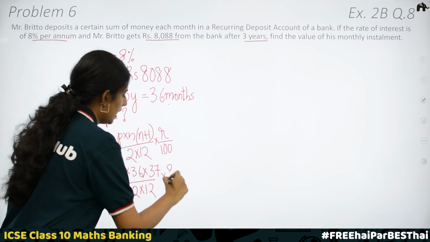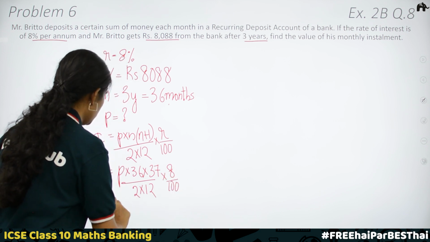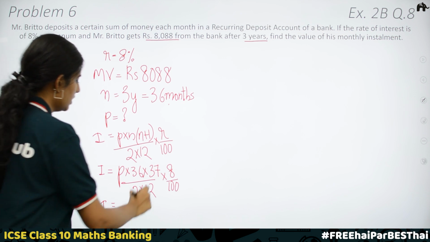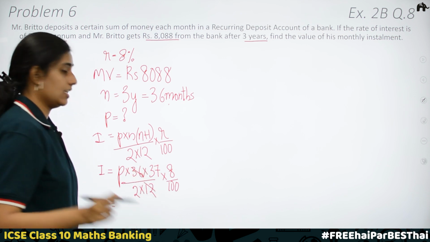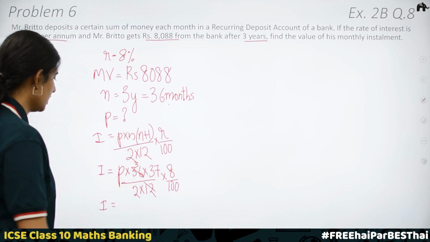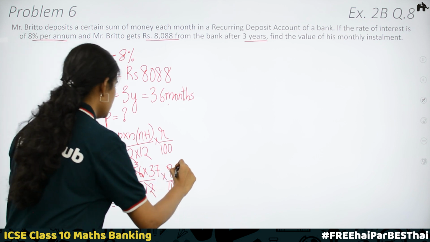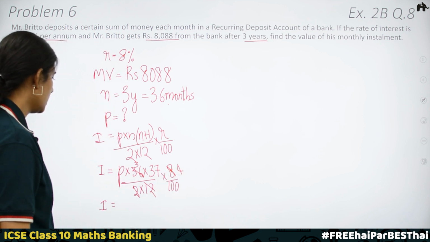R is 8 divided by 100. I is equal to 12 36. 12 3s are 36. You can cancel this. 2 and 8. 2 4s are 8. 4.